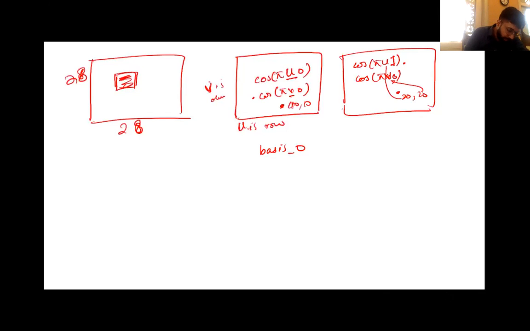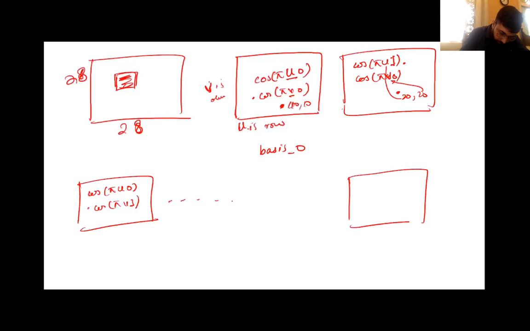Okay. Similarly, I have more bases: cos of pi u0 times cos of pi v1, and so on, until we get cos of pi um times cos of pi vm, where m is the number of bases.